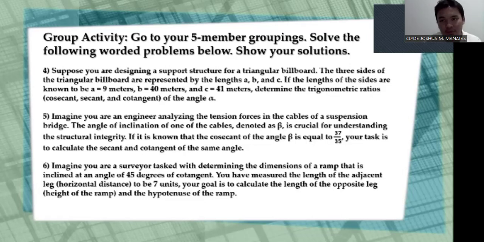We just simply derive it: cosecant is equal to hypotenuse over opposite leg, then secant is equal to hypotenuse over adjacent leg, and cotangent is equal to adjacent leg over opposite leg. So now, what are the 5 trigonometric special angles we used? Very good. It's 0 degrees, 30 degrees, 45 degrees, 60 degrees, and 90 degrees.